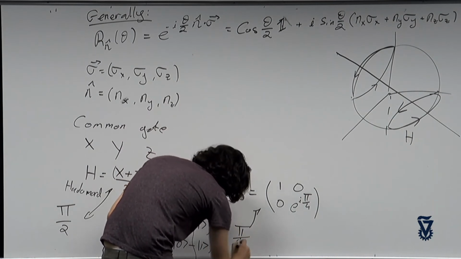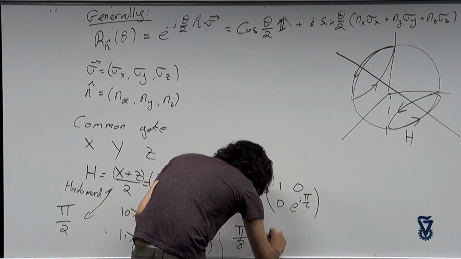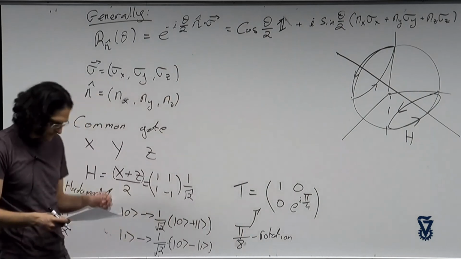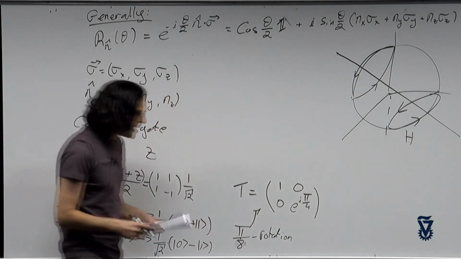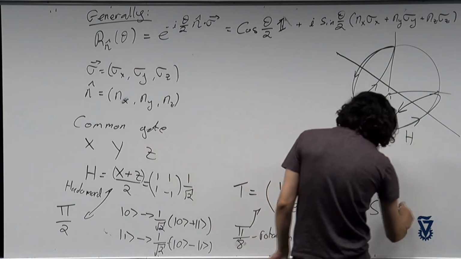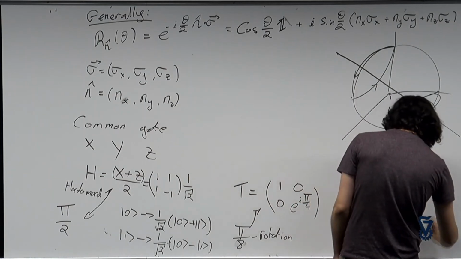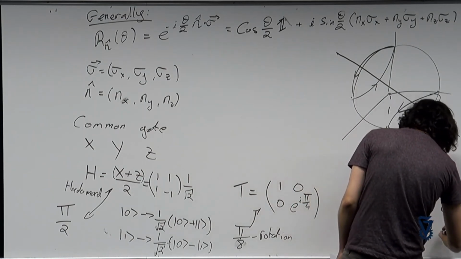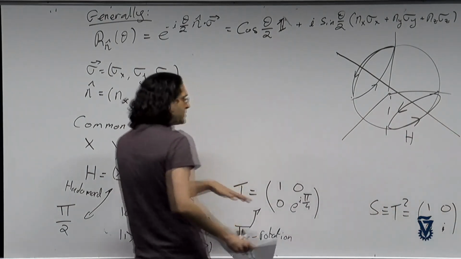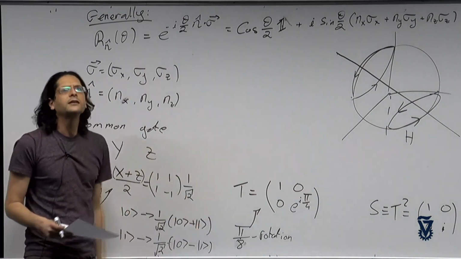So what you can see is just a pi over 8 rotation. And another gate that you will typically see is S, which is basically T squared, which equals 1, 0, 0, i. So this is basically the standard set of single qubit gates.